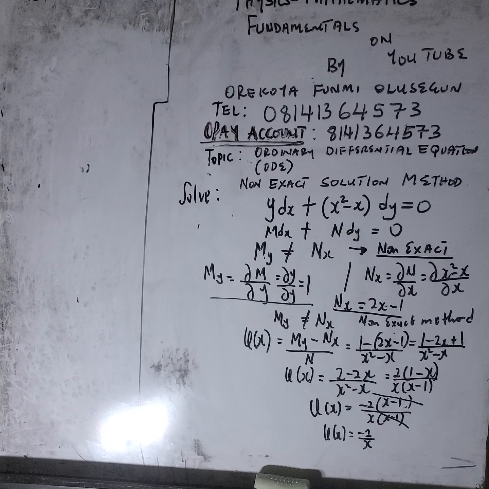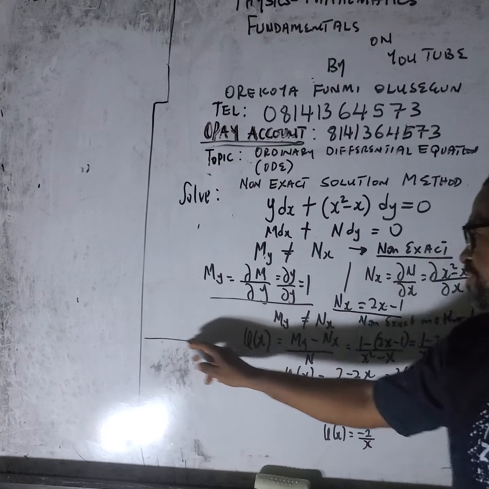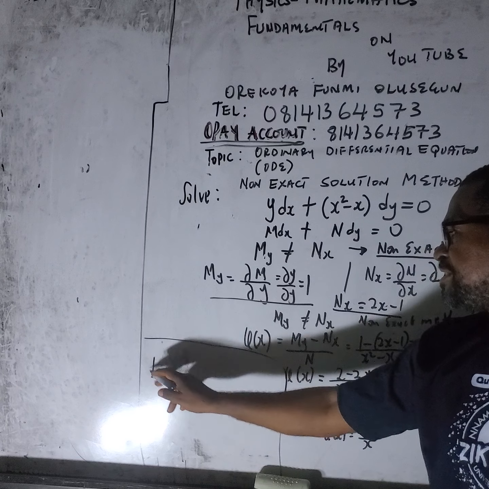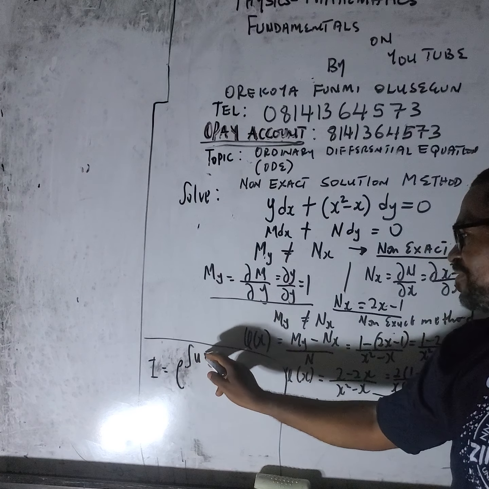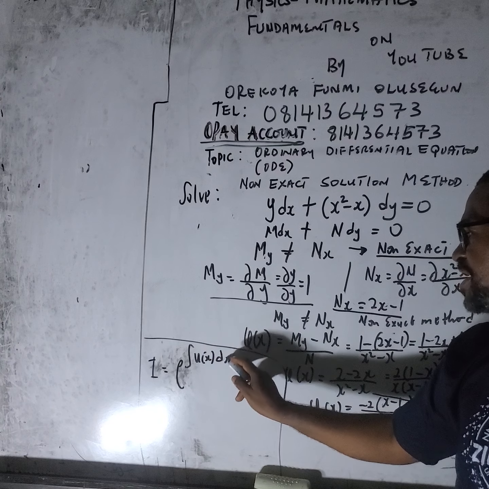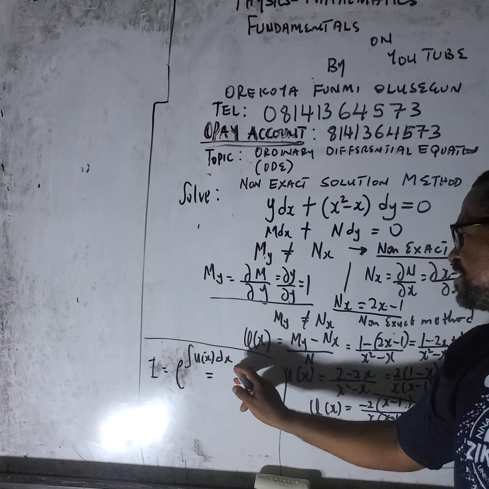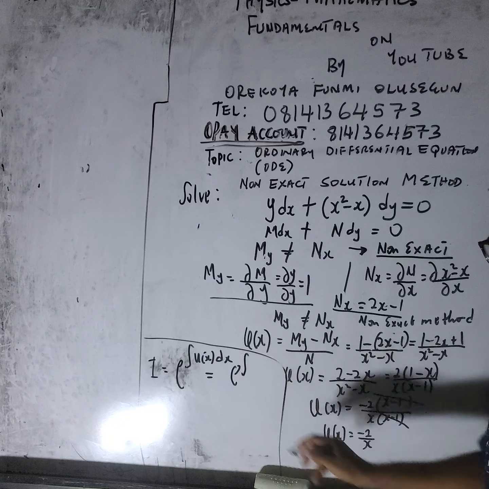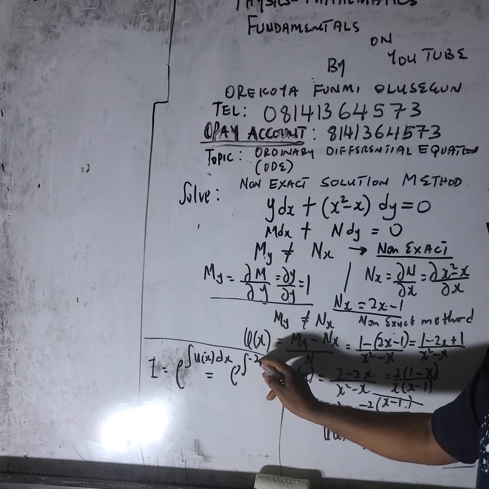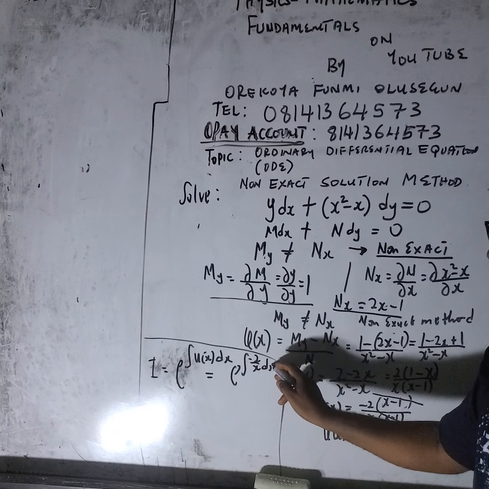Now, our integrating factor can be written as e raised to power integral of this special function of x with respect to x, which is e raised to power integral of -2 all over x dx.